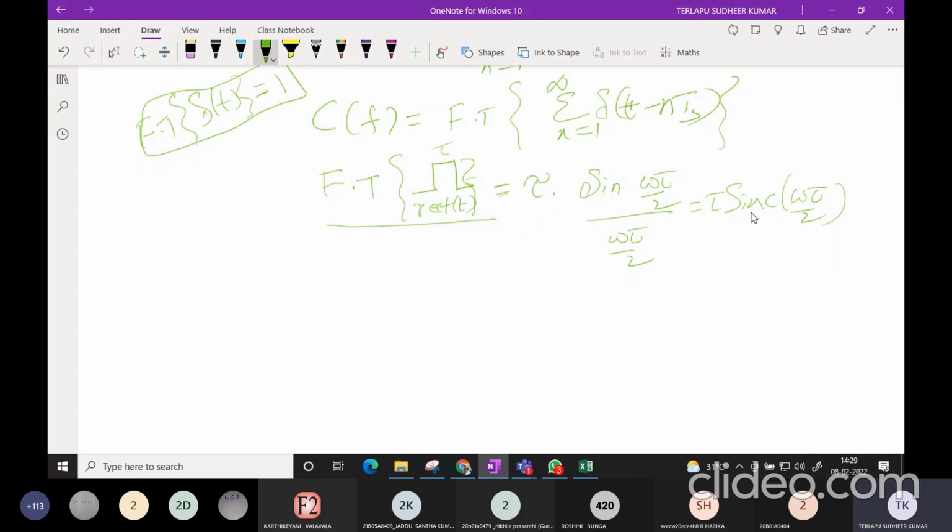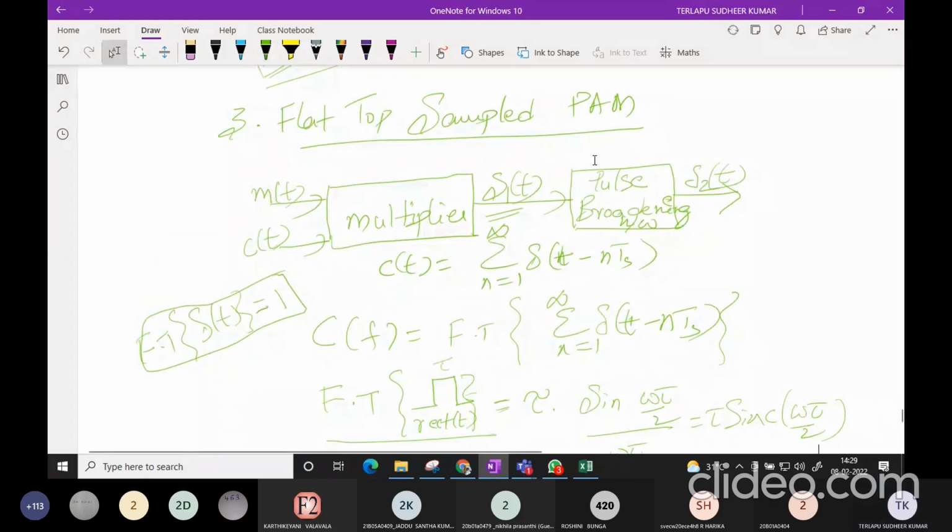Okay. So with this basics, because I said this is a network, this is a pulse broadening network which increases the width of the pulse, output S2 of t. Pulse width is more compared to S1 of t pulse width.